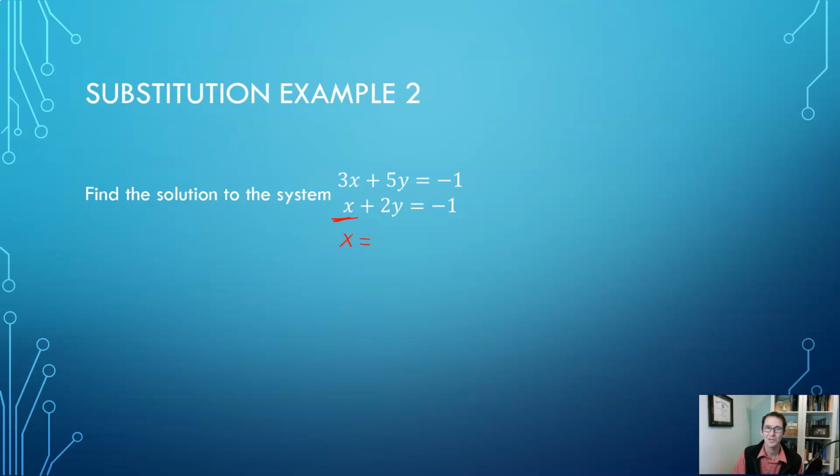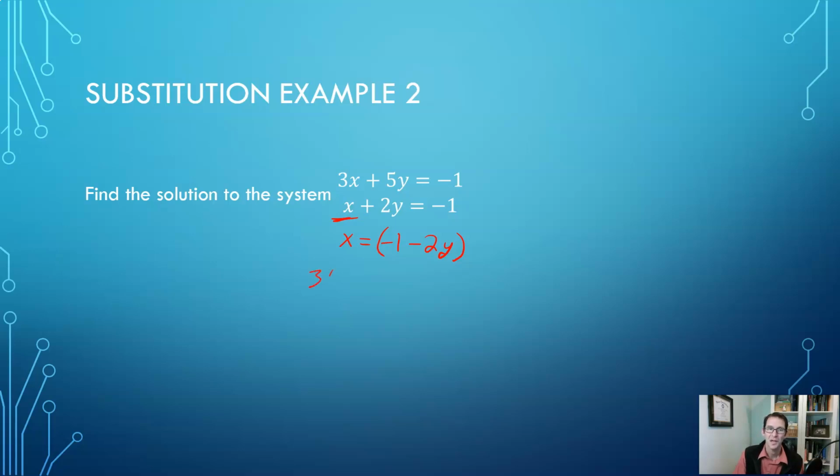So x equals -1 minus 2y. And what I'll do is take this -1 minus 2y, and substitute that into the top equation for x.